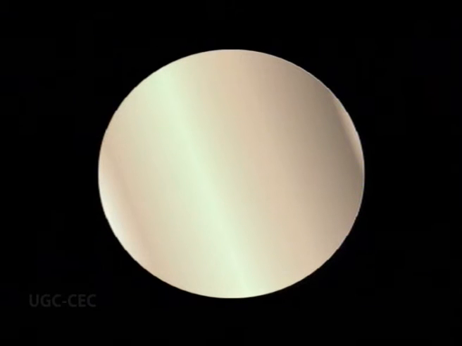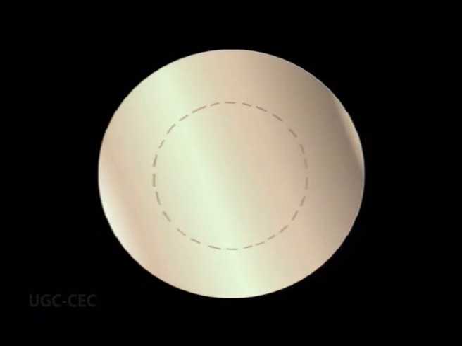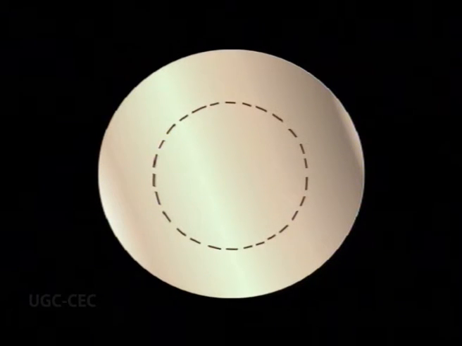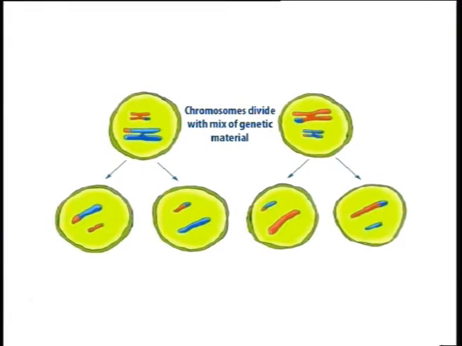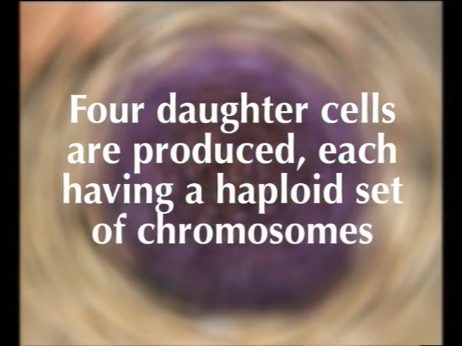Nuclear envelopes reform, and cleavage or cell wall formation eventually produces a total of 4 daughter cells, each with a haploid set of chromosomes. Meiosis is now complete and ends up with 4 new daughter cells.